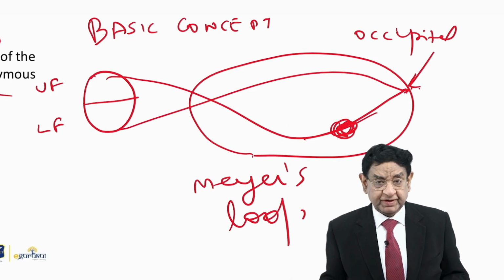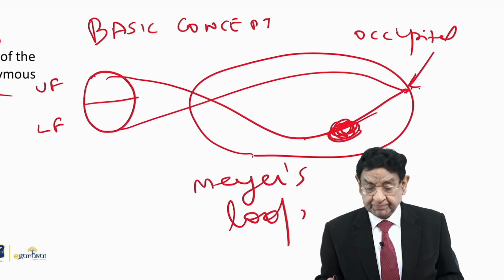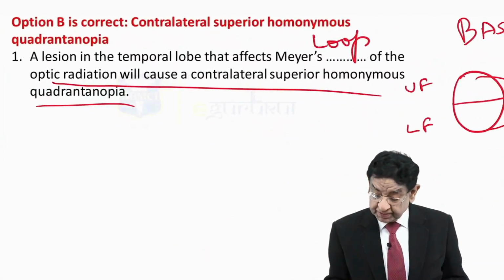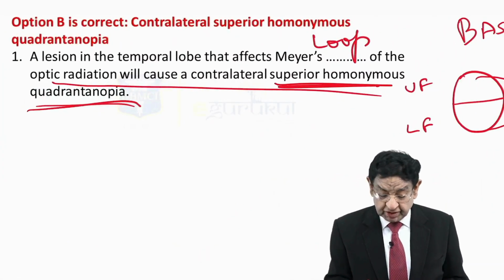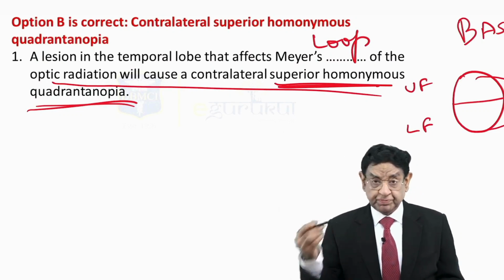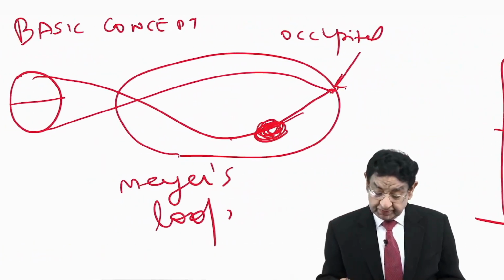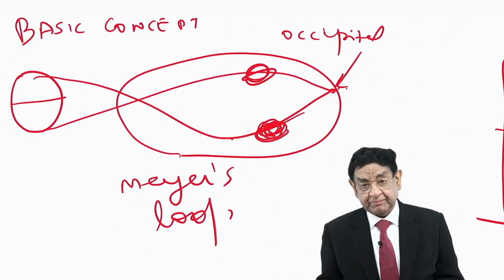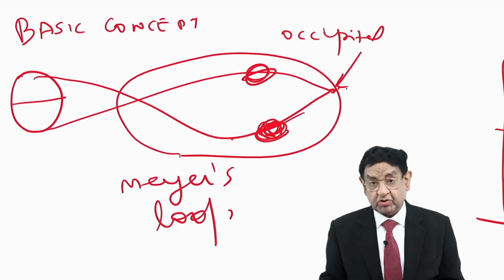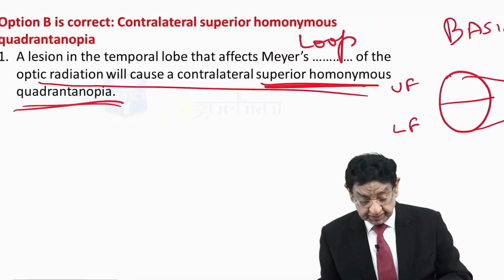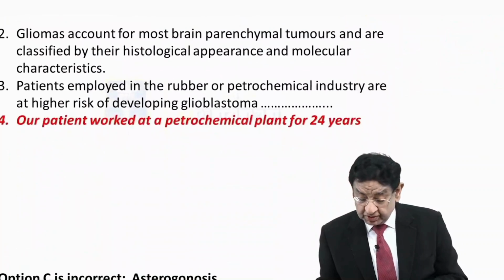So when a tumor is in the temporal lobe, it will lead to superior homonymous quadrantopia, because the superior field fibers are lost. Similarly, if the patient has a lesion in the parietal lobe, there will be inferior quadrantopia, as the inferior field fibers will be lost.